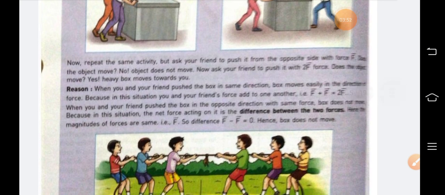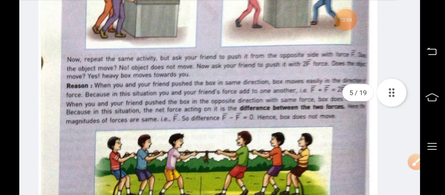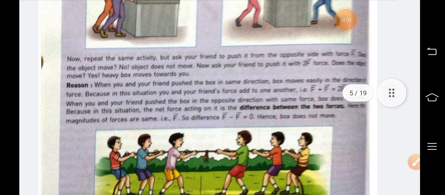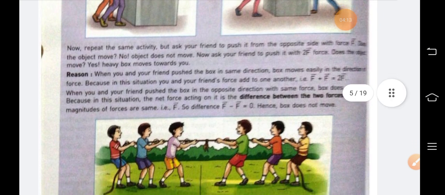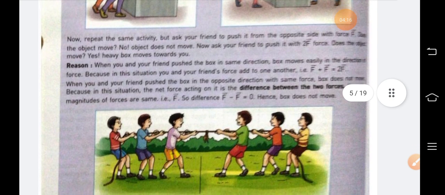When you and your friend push the box in the same direction, the forces get added and increased. F plus F becomes 2F.